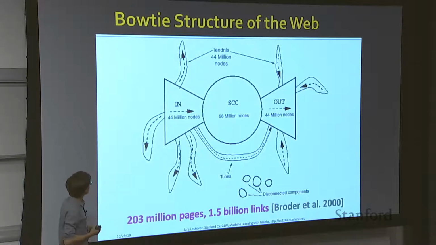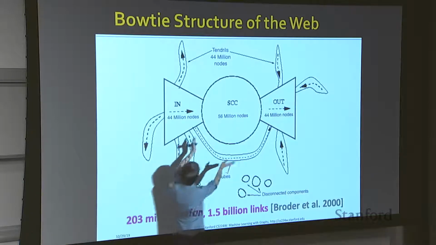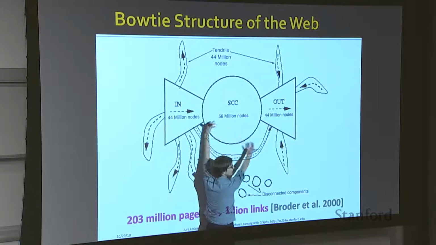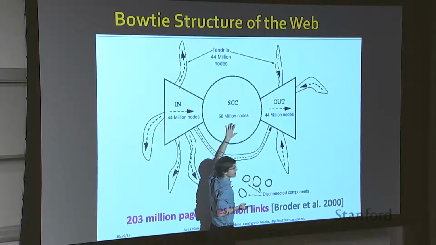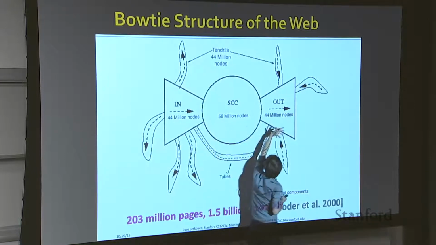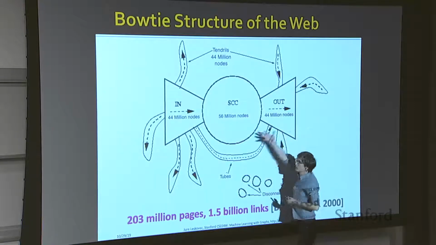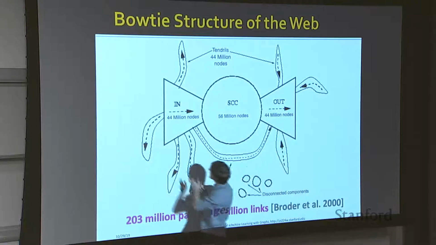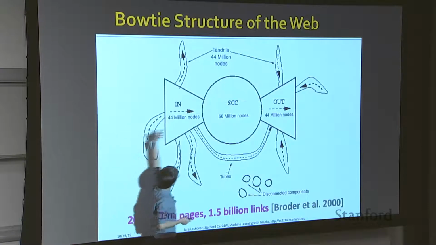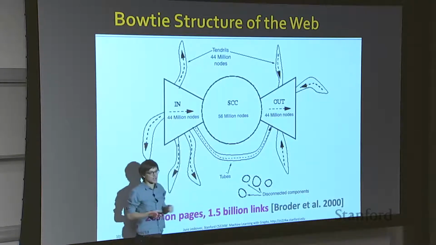So they come up with this conceptual picture of the web graph, which says, here is the core of the web graph where anyone can reach anyone else. This is the strongly connected component. There is a part of the web graph where you can only get into it, but you cannot get back. There is another part where you can start from, but again, you cannot get back.